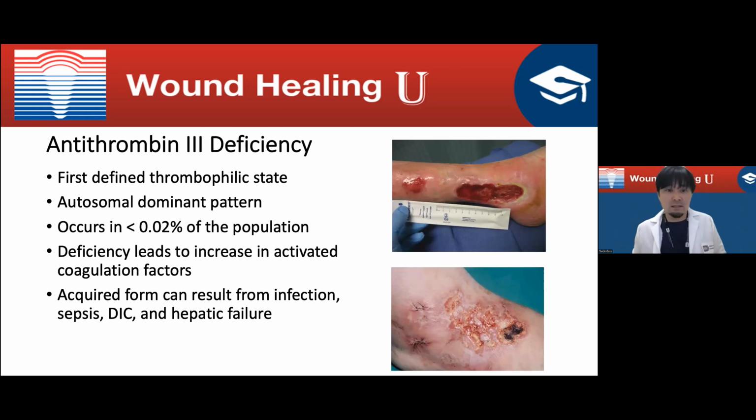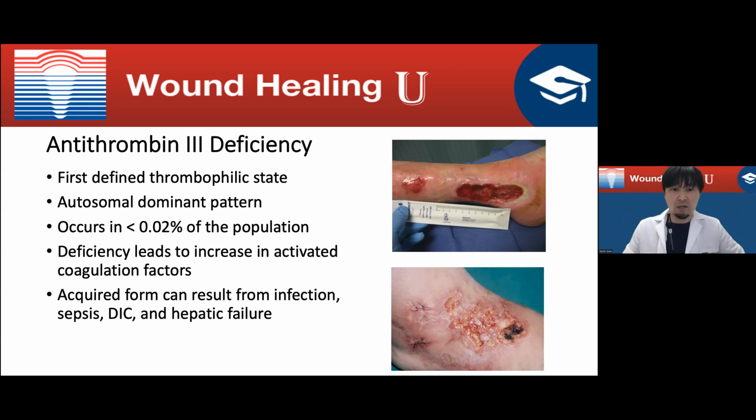And I think this is the last genetic mutation for the primary hypercoagulable states, which is antithrombin 3 deficiency. This is the first genetic deficiency that defines a thrombophilic state. And this is also an autosomal dominant pattern and occurs in less than 0.02% of the population.